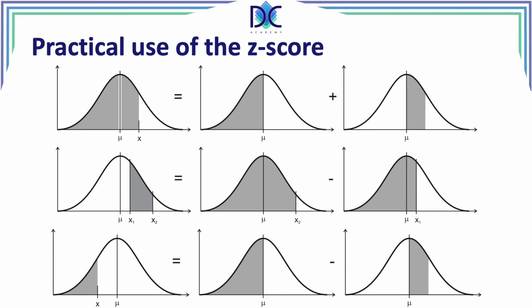When we look at this distribution, we have another element that we can say. Since it's a symmetrical distribution, when we put the value of x the same distance to the right of the average, the right of mu, we see that the white zone to the right is basically equal to the gray zone that we wanted to calculate.